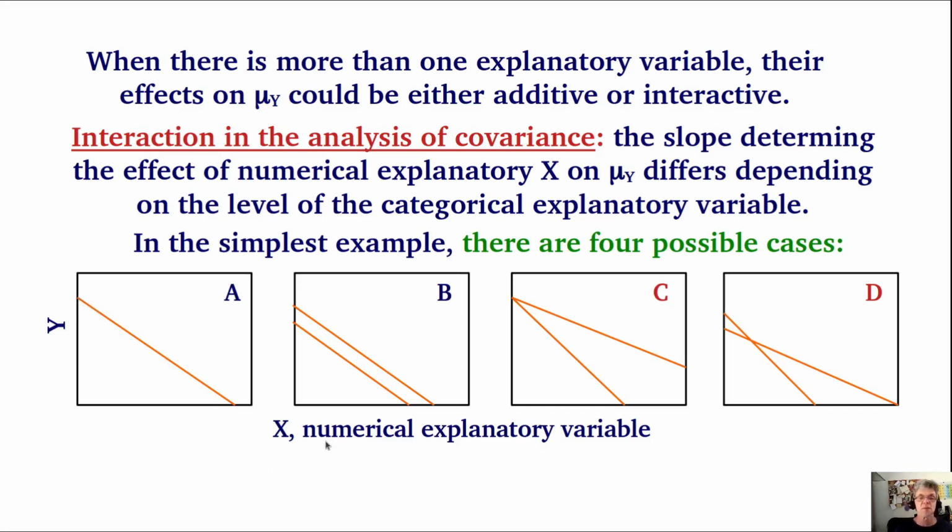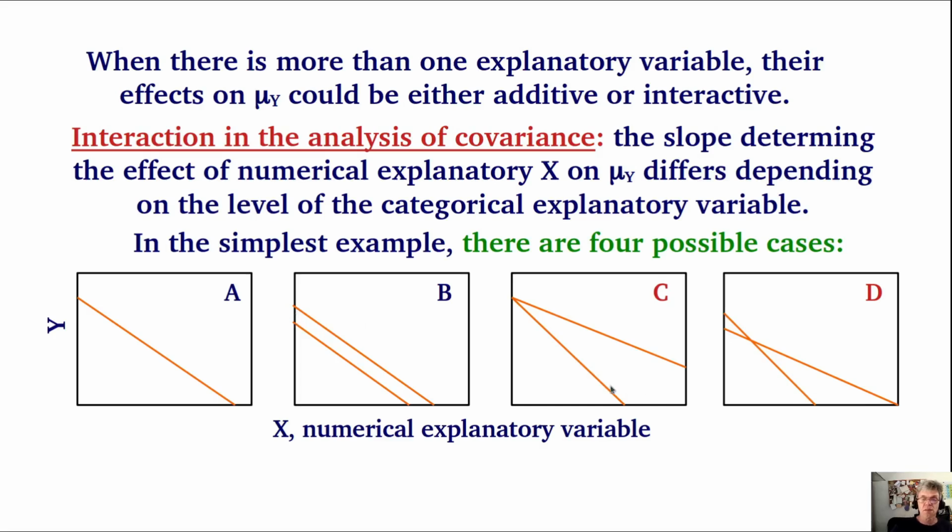This is the simplest possible case. In the second case, the slopes for the two levels of the categorical explanatory variable are the same, but there is a difference of intercepts. So there is a universal relationship between y and x, but the mean value changes because there is a difference in intercepts.